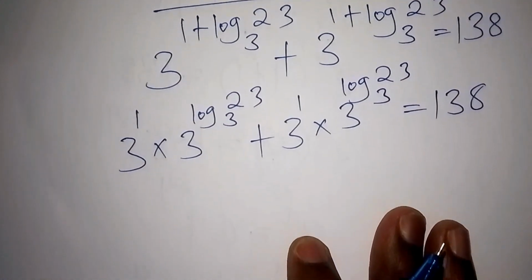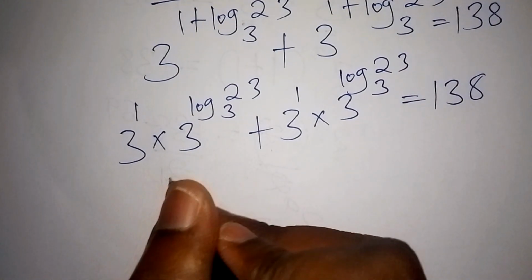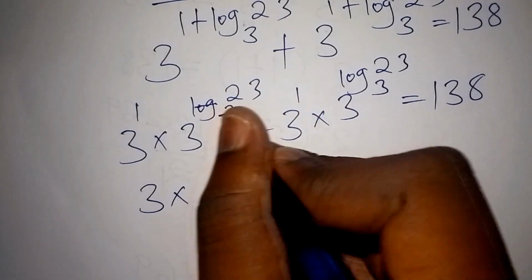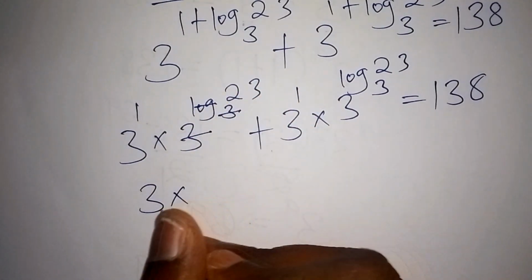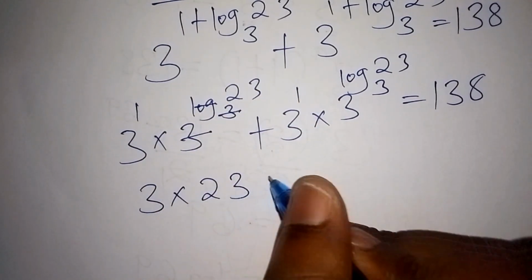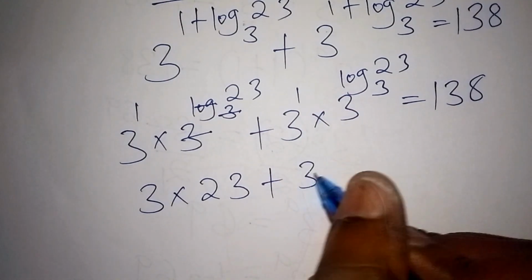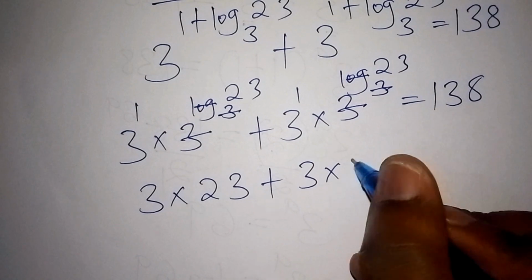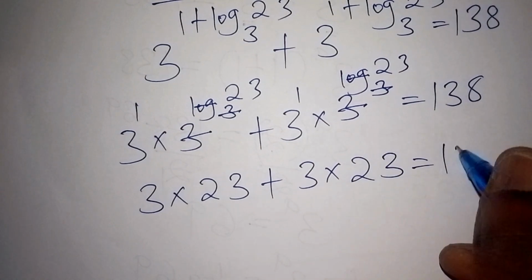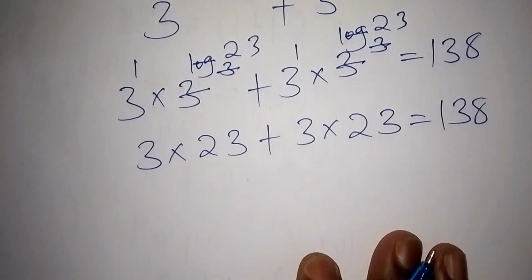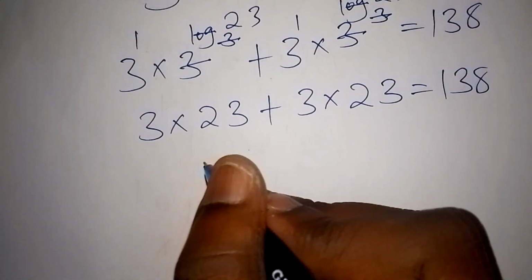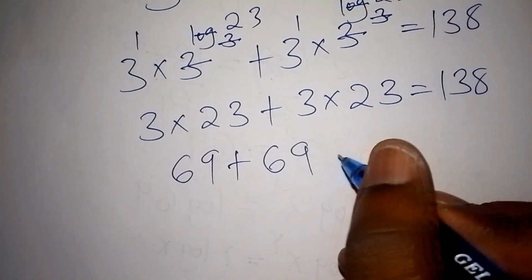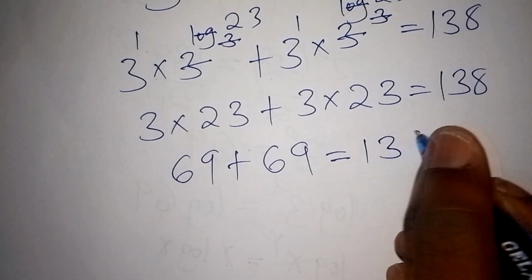So here now 3 to the power of 1 is 3, then multiplied by 3 to the log to the base 3 cancels with this 3, so now we shall have 3 multiplied by 23, then plus 3 to the power of 1 is 3, plus the log to the base 3 cancels with this 3, so now we shall also have 23 is equals to 138.